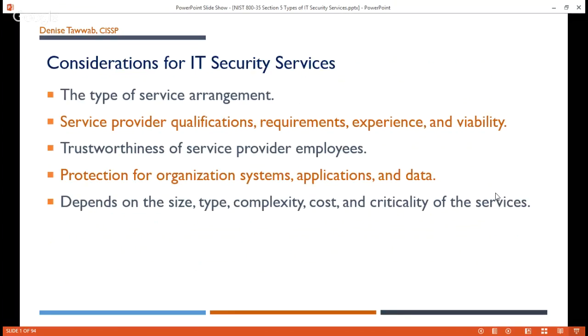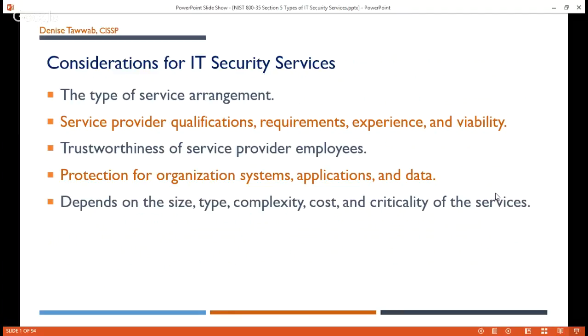Okay, some other things that you need to consider when you're looking at IT security services. You need to think about the type of service arrangement, which we just discussed. You have to look at the service provider qualifications, their requirements, their experience, and their viability. You want to make sure that you're choosing sound business partners. You need to look at the trustworthiness of the service provider employees. Certainly, if they're working on federal contracts where clearances are required, then that will come into play as well.